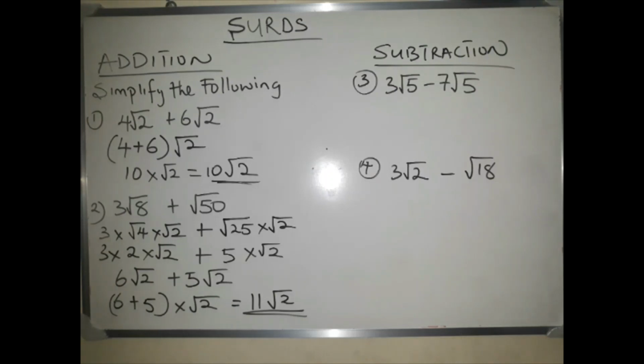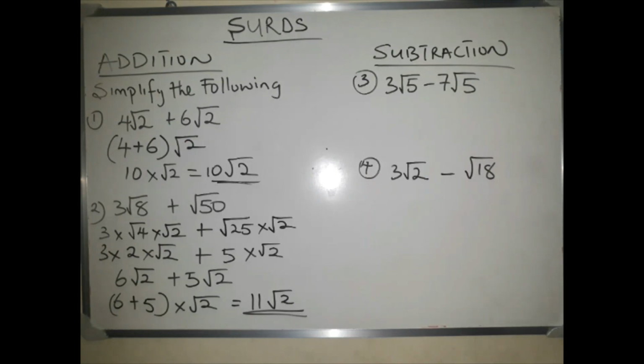If there are no whole numbers, it means that the number in front of them will be 1. We'll get to that when we get to later aspects of surds. But when you've added the whole numbers, you now multiply your result by the like surd, and you now get your final answer.